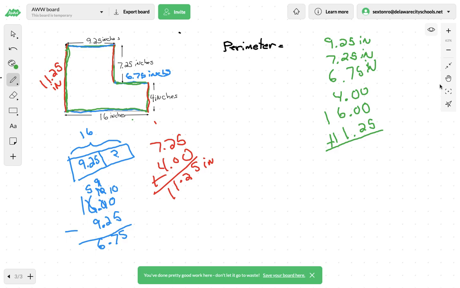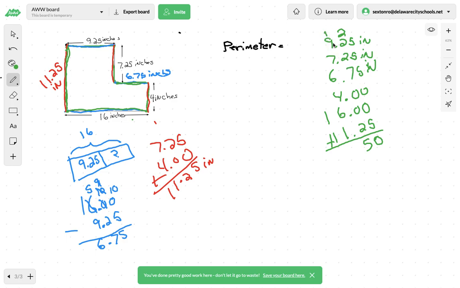Let's see what we get. 5, and 5 is 10, 5 more is 15, and 5 more is 20. So this is going to be 20. Then 7, 8, 9, 10, 7, 8, 9, 10, 11, 12, 13, 14, 15. And this goes all the way up there.